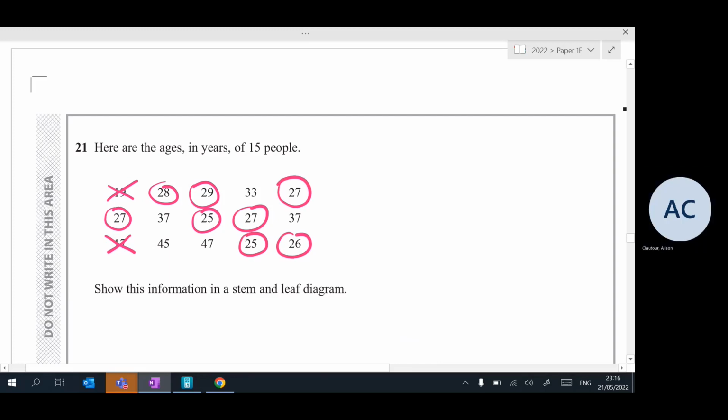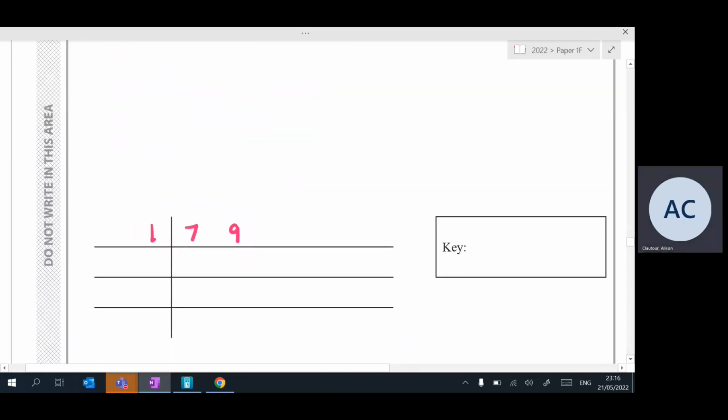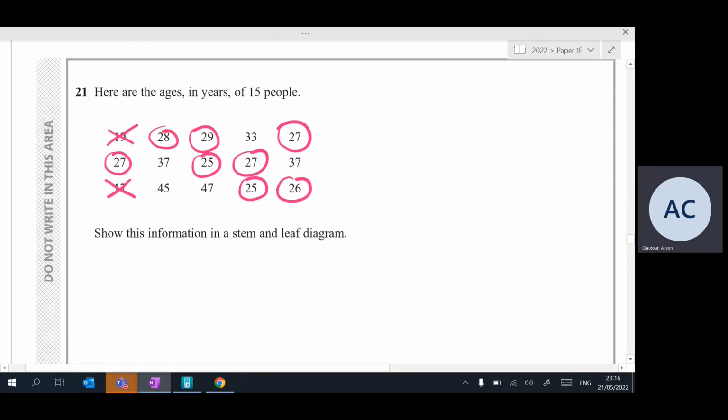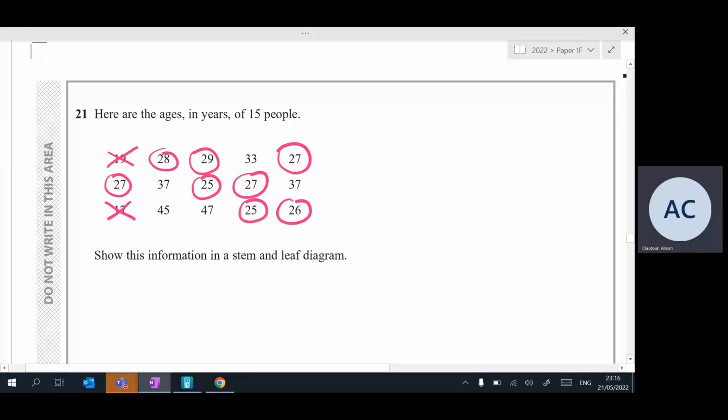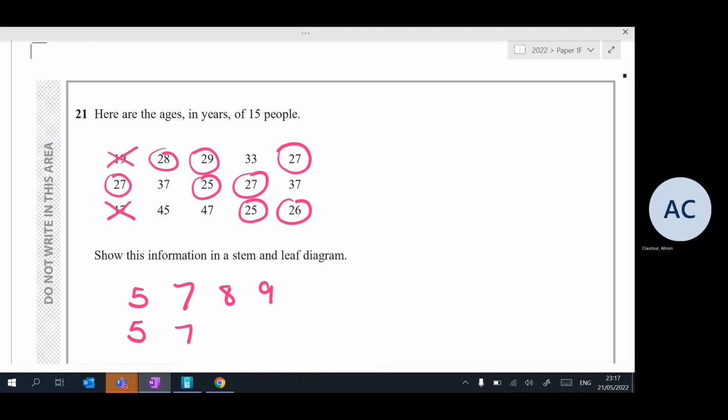Oh, got loads. Okay. So we've got 2. And then I'm just going to drop down here. So we've got 7, 8, 9, 5, another 7, another 5. Lost my place.